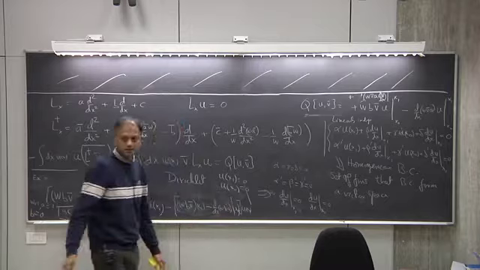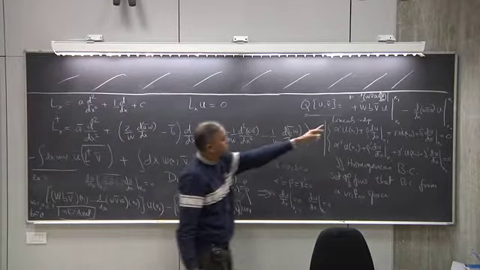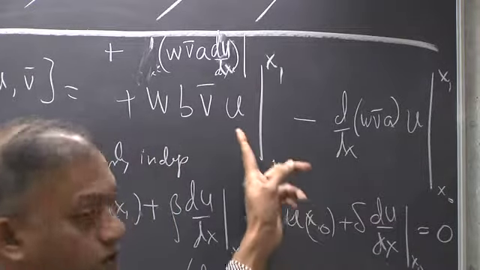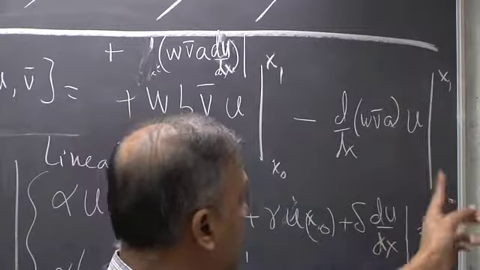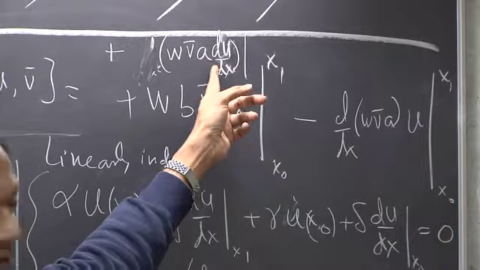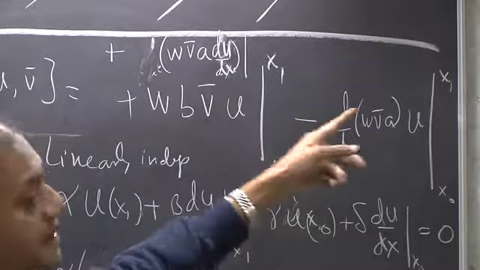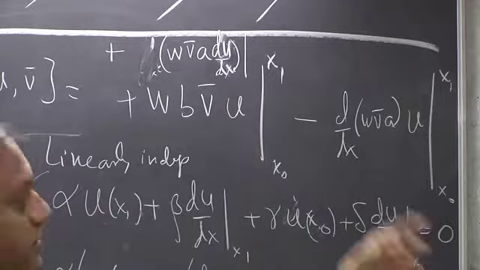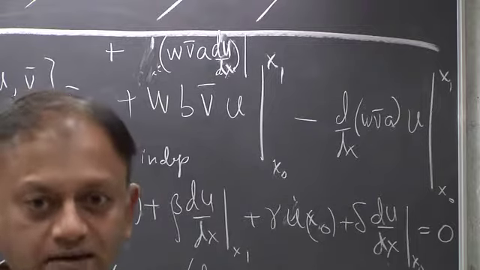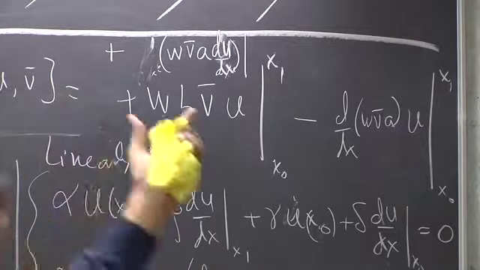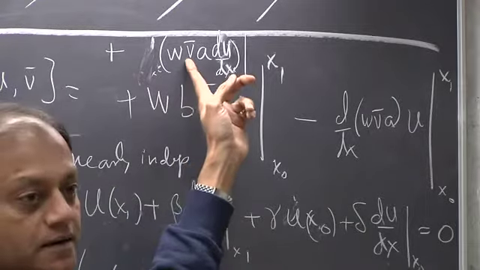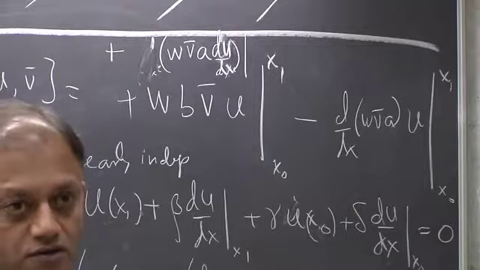So under these conditions, these two terms disappear because this object is evaluated at x1 and x0, and there is a u there, so that's 0. Then the only term left over is du by dx at x1 and du by dx at x0, with some coefficient. But since du by dx at x1 and du by dx at x0 are independent, the coefficient must vanish. And for the coefficient to vanish, you must have v at x1 and v at x0 equal to 0.